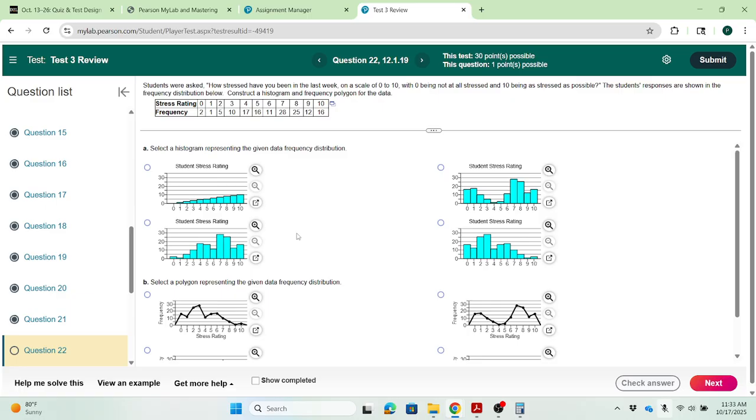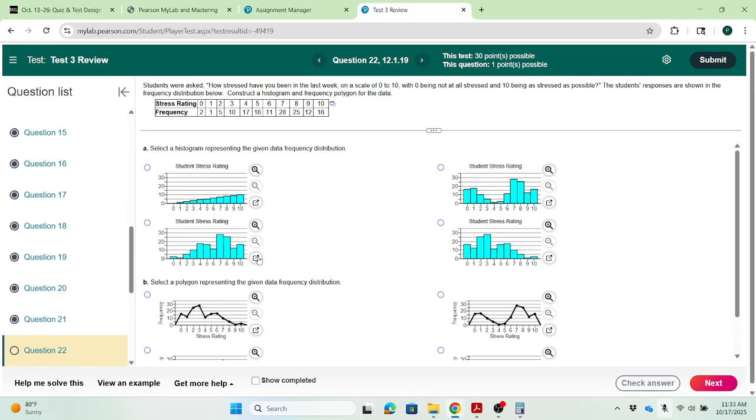Students were asked, how stressed have you been in the last week on a scale of 0 to 10, with 0 being not at all stressed and 10 being as stressed as possible. The students' responses are given here in the table. Construct a histogram. To construct a histogram, at 0 there are 2.